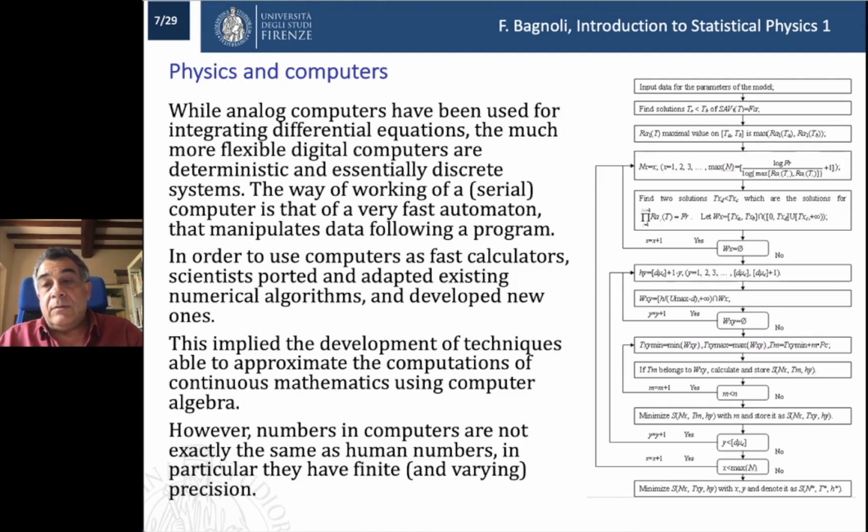Now, with computer algebra systems, we can also teach computers how to make derivatives, but in general, we have to anticipate this computation and prepare the computer in order to have the computation done easily for us.